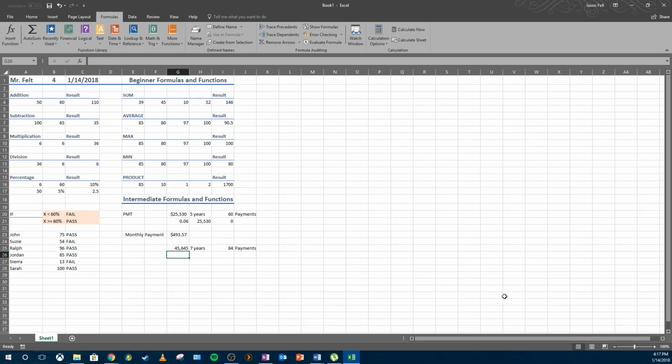Okay, we're a little bit more established, so we're going to have a 2% interest rate, and the present value is 45,645, and you want the future value to be 0. Okay. So go ahead and merge and center E27 to F27.